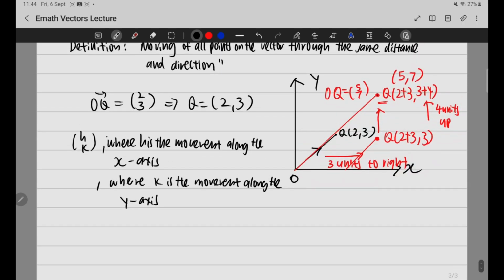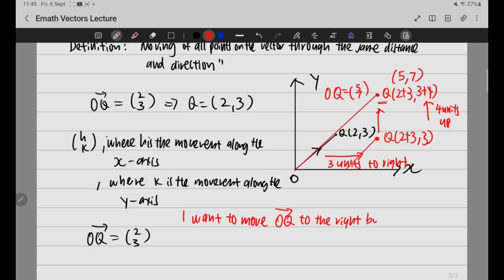This means that if I have my vector OQ again and it's (2, 3), and I want to move OQ to the right by 3 units and to the top by 5 units.